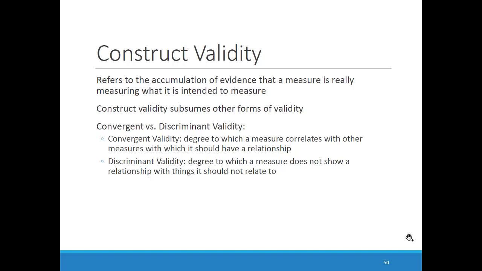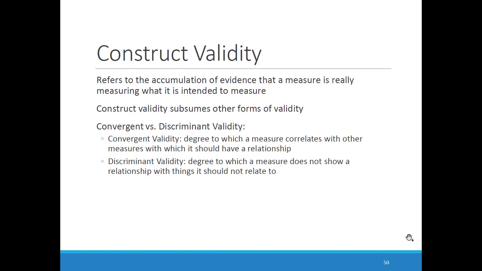Convergent validity is the degree to which a measure correlates with other measures with which it should have a relationship. So, is it correlating with measures as we expect it to? With our example of coming up with a new measure of personality, we would want to look at how the subdomains of personality correlate with things that we know they should correlate with.